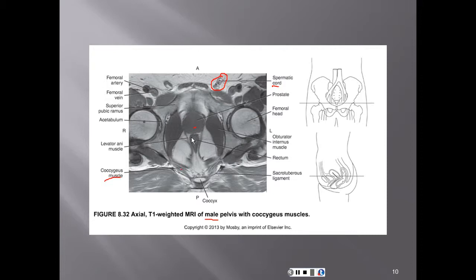So now you have the obturator internus muscle, sitting right there, and they call this the obturator internus muscle because it is on the inside of the obturator foramen. And we have the rectum, and one thing that's important to picture is the fat planes that surround the rectum.